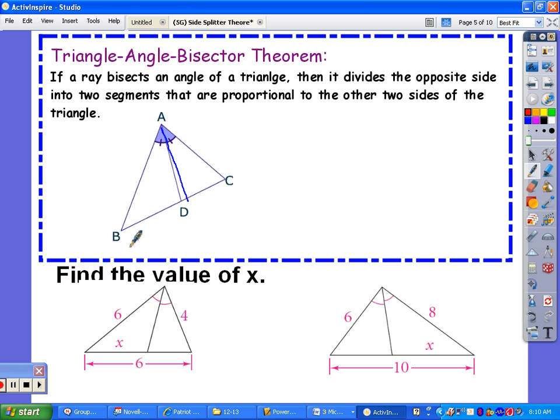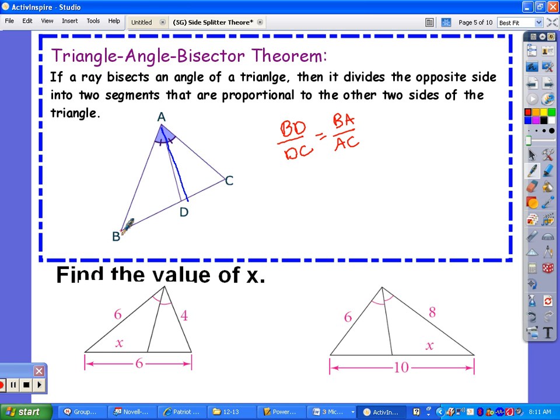Then it's saying that it divides the bottom side of this triangle so that it's proportional to the two other sides. So what that's saying, that BD over DC, those are the two segments that the angle bisector splits, is equal to BA over AC.